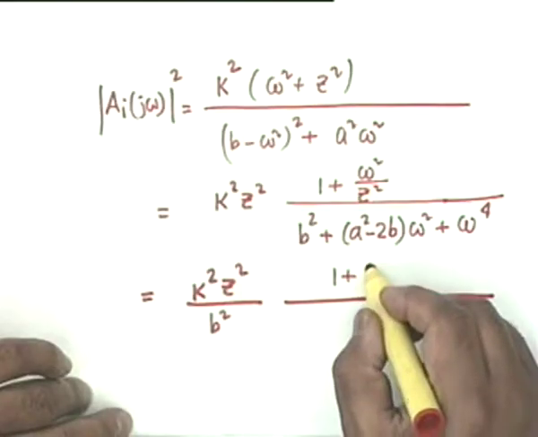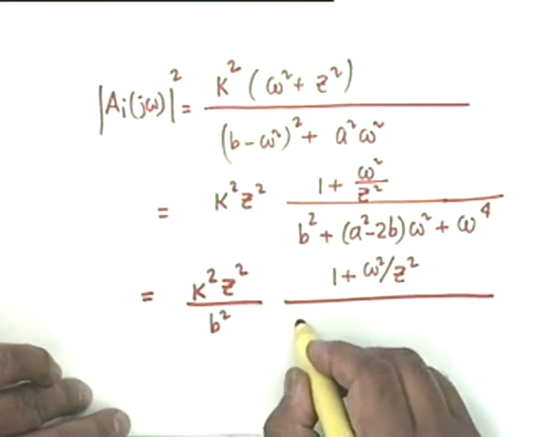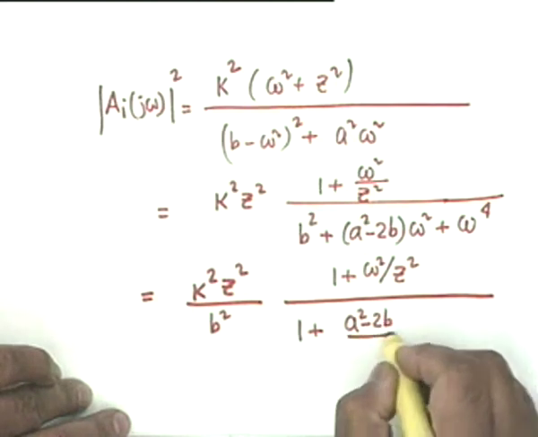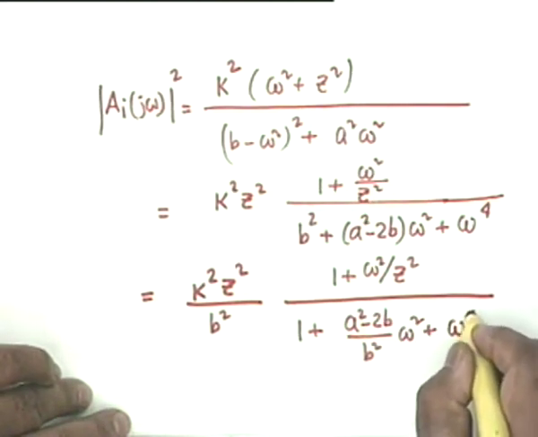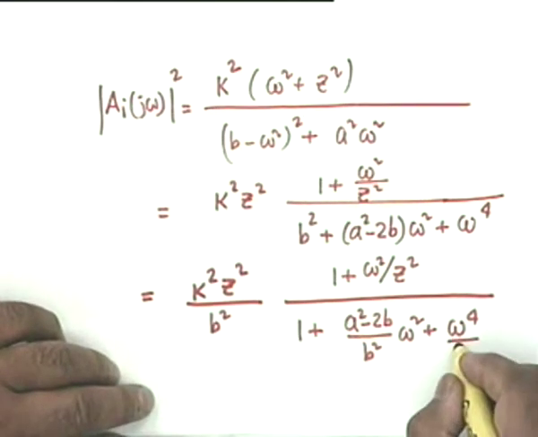So I am writing this as 1 plus omega squared by z squared divided by 1 plus a squared minus 2b by b squared omega squared plus omega to the fourth divided by b squared.